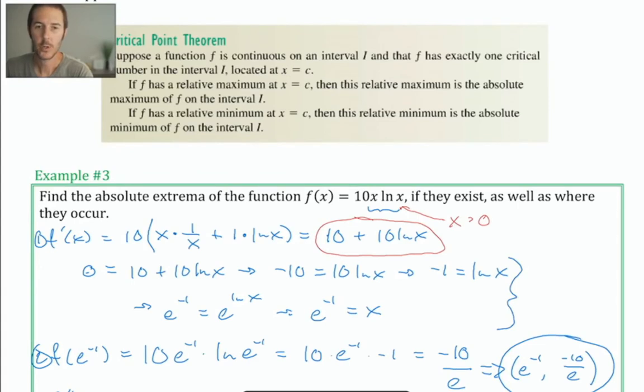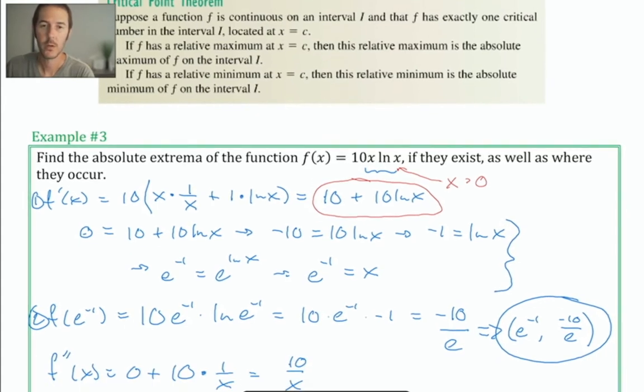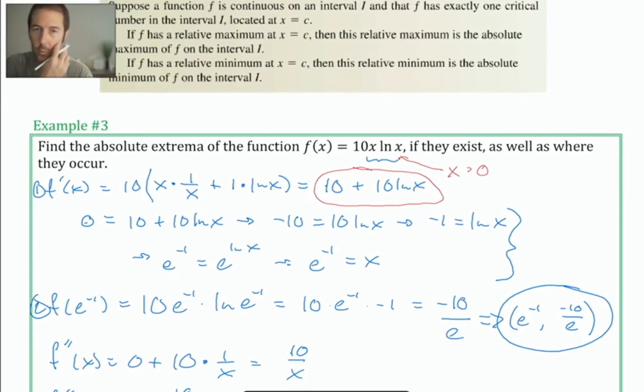So that gave us our one critical number, and so we knew that once we determined whether that critical number was locating a minimum or a maximum for us, that was going to be the absolute maximum or minimum. So again, step number 1, find the first derivative.